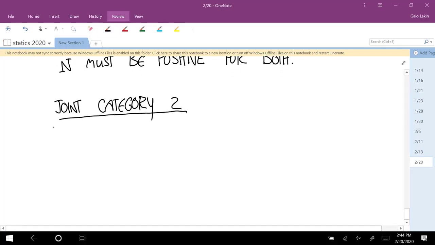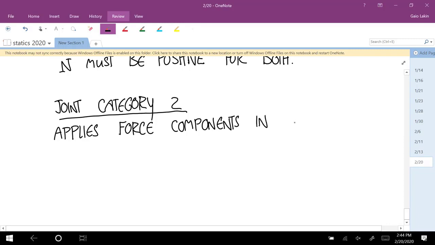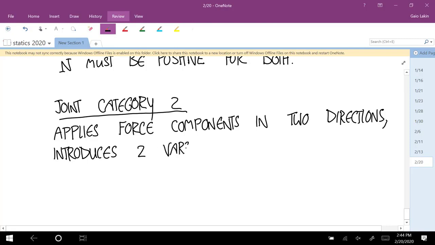So this applies force components in 2 directions, and introduces 2 variables into the equation, into Newton's laws.